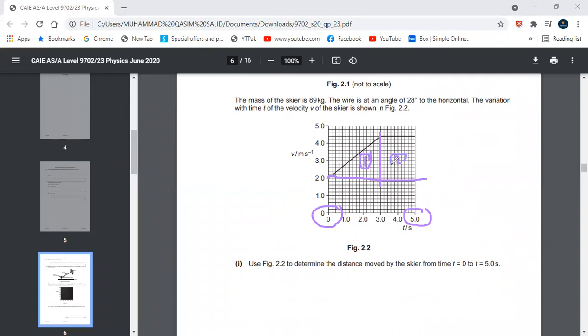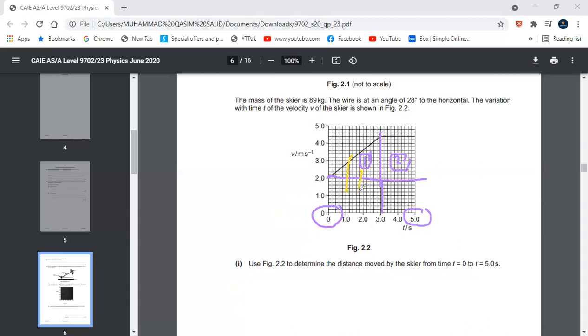This is basically the triangular region, and the second is the rectangular region, and together they give the total area.